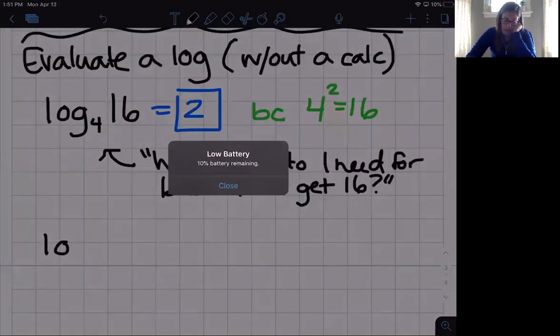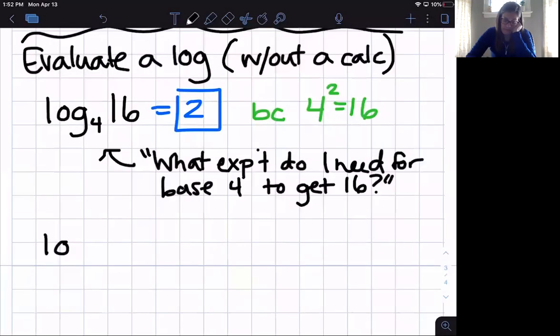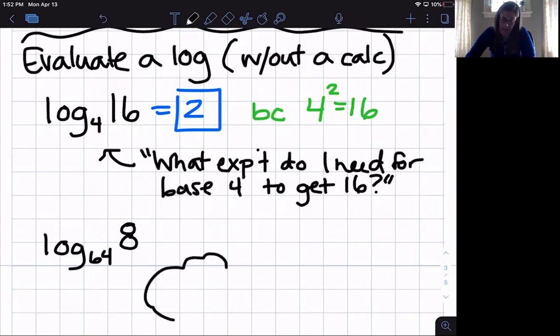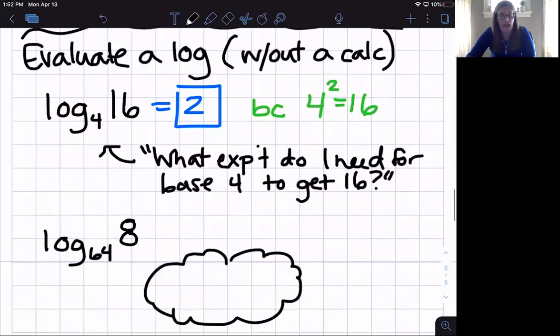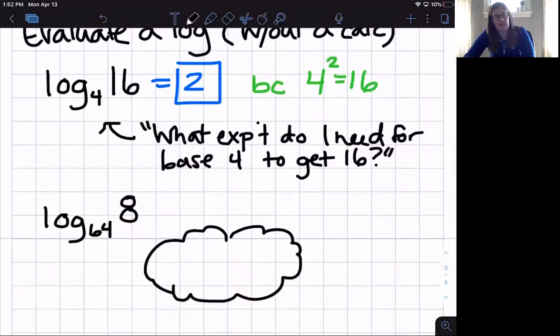Okay, let's evaluate another one without a calculator. Let's do log base, how about 64 of 8. Okay, log base 64 of 8. So I'm thinking about, what does this notation log base 64 of 8 mean?